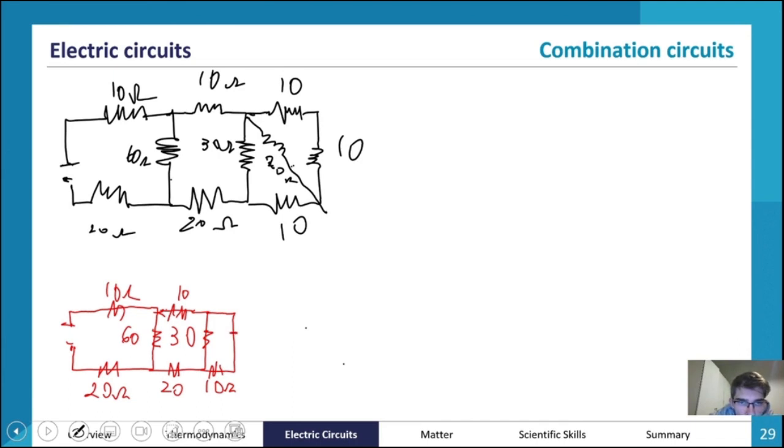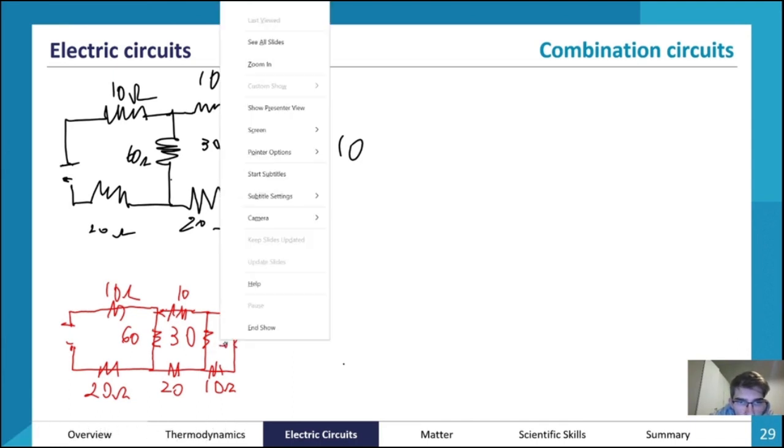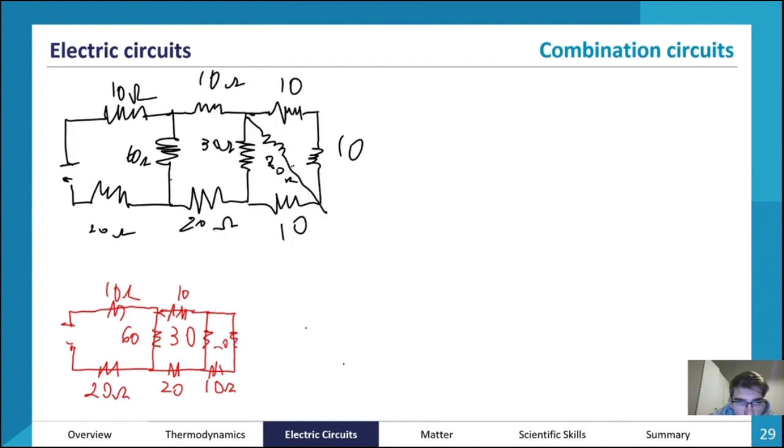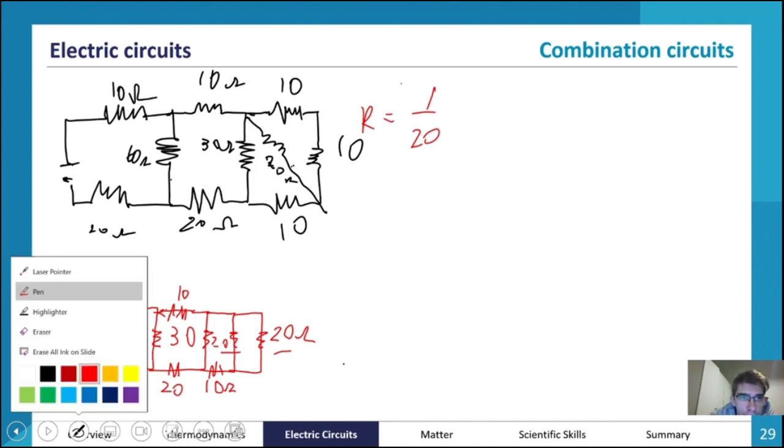This is 20 ohms again. And this is 20 ohms again. Now the 20 and the 20 are in parallel, right?